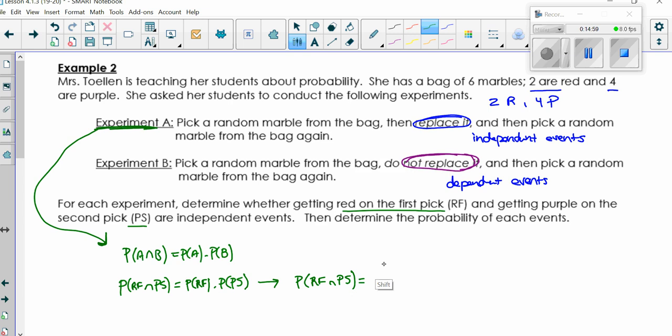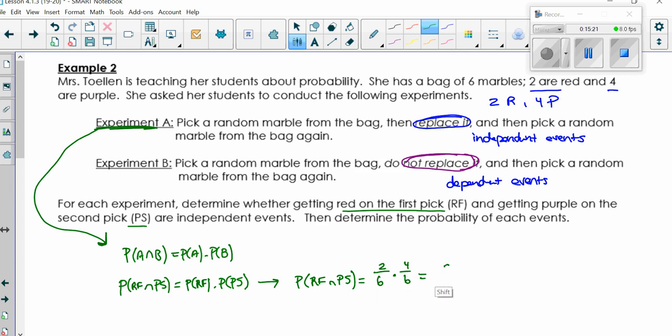means that there are 2 reds, so that would be 2 out of 6, times purple second. There are 4 purples, so that would be 4, and the total is still 6 because again, remember that we picked one, we put it back. So it's 2 out of 6 times 4 out of 6.